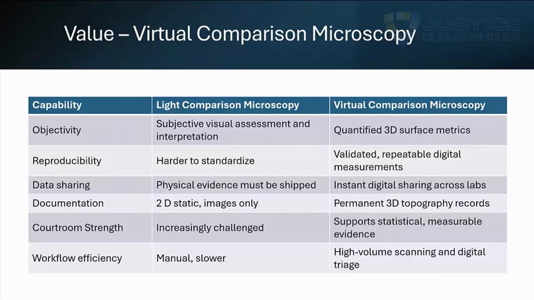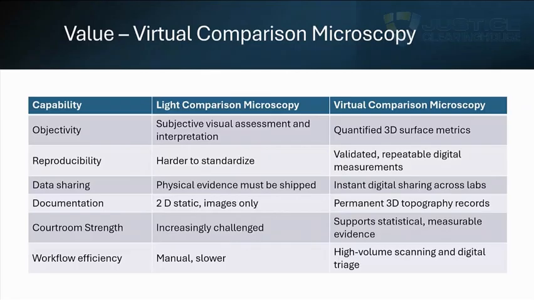It's possible to make resin replicas of that evidence, but regardless, physical evidence or physical replicas must be shipped. With virtual comparison microscopy, there can be instant digital sharing across laboratories. This can be beneficial for a laboratory system that is located in different locations within a particular state.